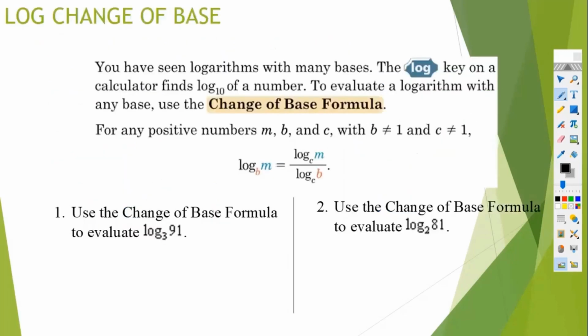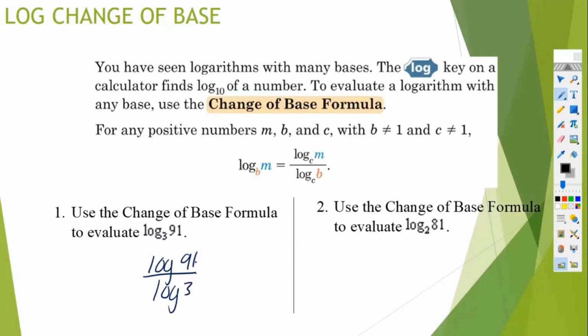Last thing is reminding you that even if you are working a log function, even though you may not have a TI-84 or Inspire at home, you can always find the log of anything, just making sure you change the base. So if I have log base 3 of 91, I can write it as log of 91 divided by log of 3. And I'm going to find my answer. Does that make sense?